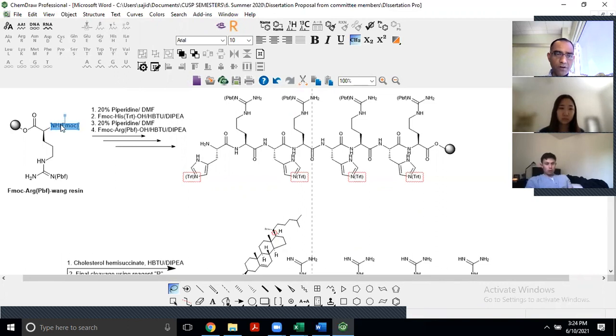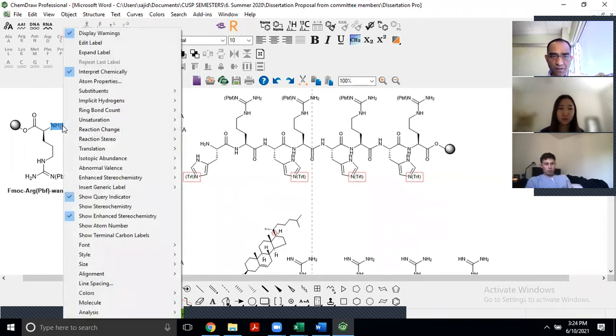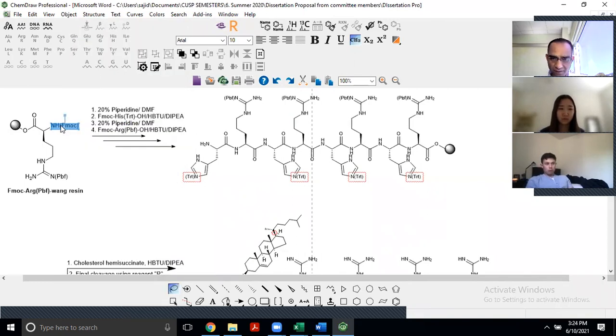If I remove FMOC, what will be there? Guess. Free amine. And in the next amino acid, we will have the carboxylic acid group free.